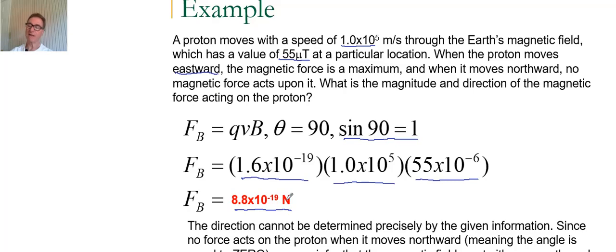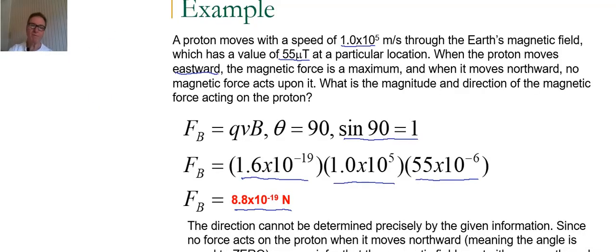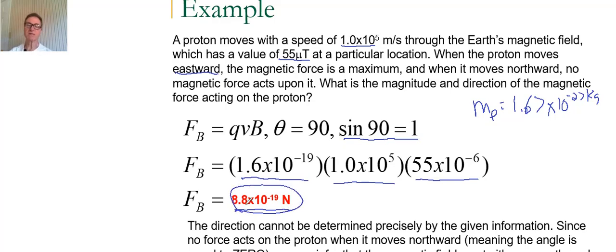Now, what if we wanted to know what the acceleration was on our little proton? Could we find that? Absolutely. The mass of a proton is 1.67 times 10 to the minus 27th kilograms. We know that our force is 8.8 times 10 to the minus 19th newtons. So we can just use Newton's second law, the sum of the forces equals mass times acceleration, to get the acceleration.